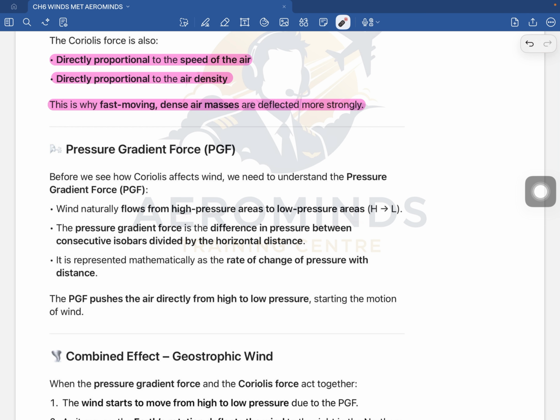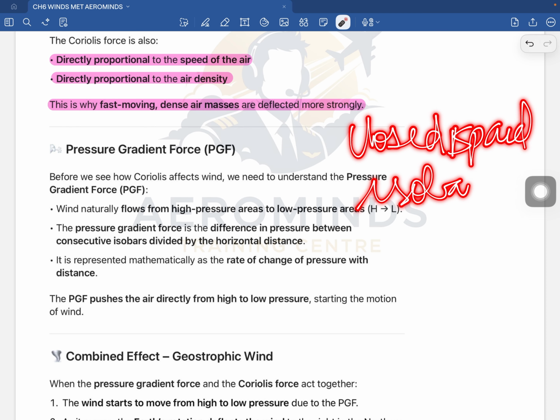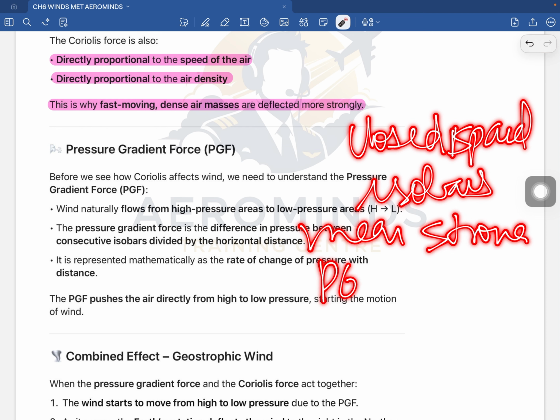Remember this. If the pressure changes slowly over the distance, the pressure gradient will be very weak. Now, mathematically, the pressure gradient force is the difference in the pressure between two consecutive isobars or two places, divided by the horizontal distance between them. Now, in simple words, closely spaced isobars mean strong pressure gradient and strong wind.